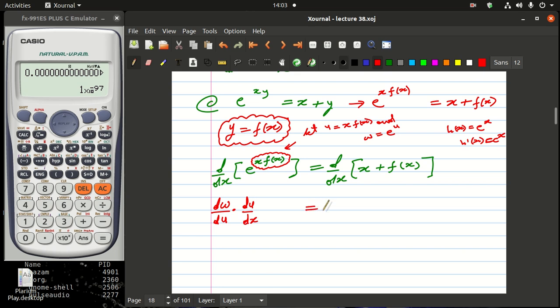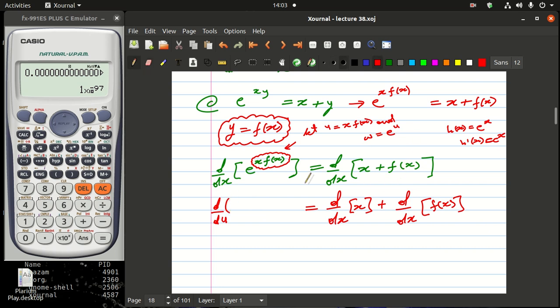And then on the right hand side here, I will have the derivative of this, which is just going to be the derivative with respect to x of x plus the derivative with respect to x of f of x. The right hand side I will keep as it is because I'm still working on this side here. And instead of having this w here, I am going to change it, because I know what w is.